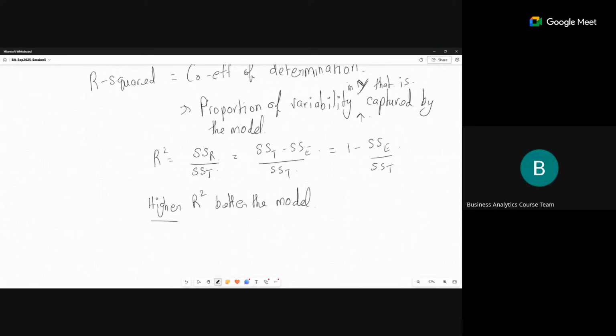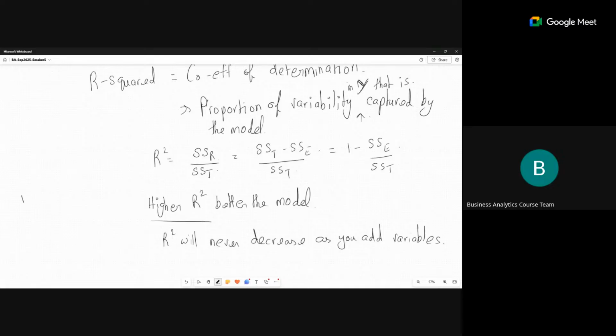This R squared will never decrease as you add variables, right?